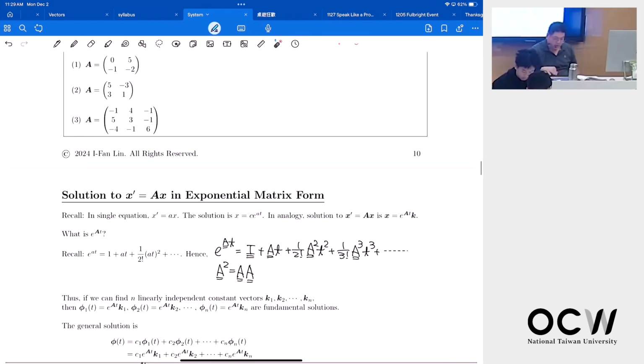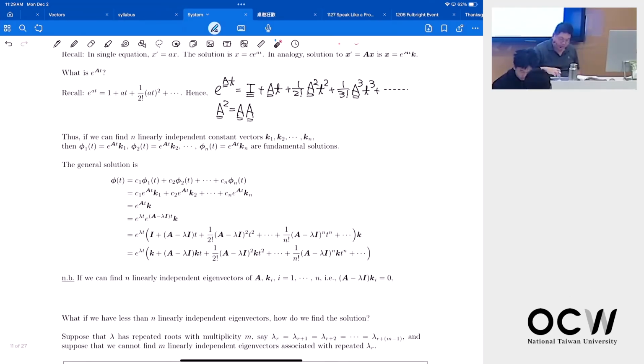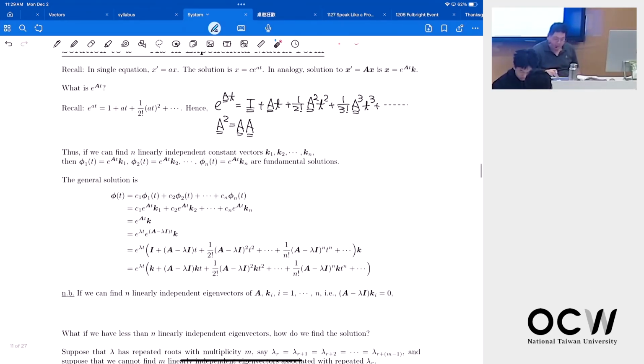And that is one way to find the exponential matrix, and I think that's too difficult. So we will introduce 3 other ways to find the exponential matrix next week. So for this part, we skip first. Okay, if we have time, then we can come back to talk about the generalized eigenvectors.